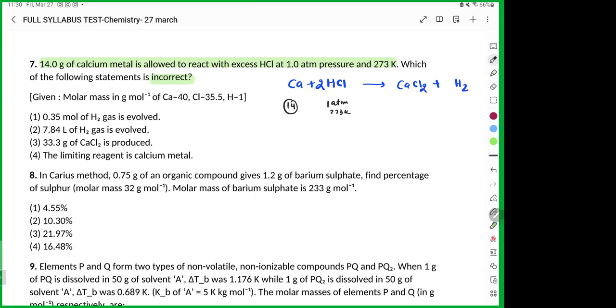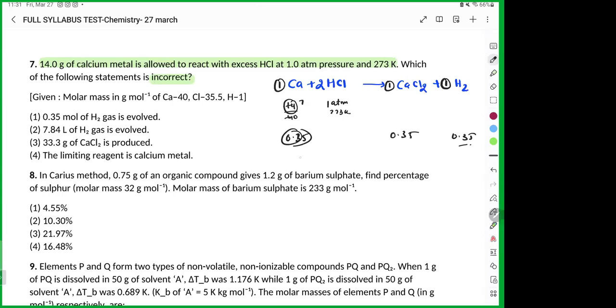If you see 14 gram, 14 divided by 40. So 1 mole of calcium should produce 1 mole of calcium chloride and 1 mole of hydrogen. Correct? Makes sense? Sorry, this is 7 by 20, na? 0.35 mole. So it should be 0.35 mole. Any doubt?